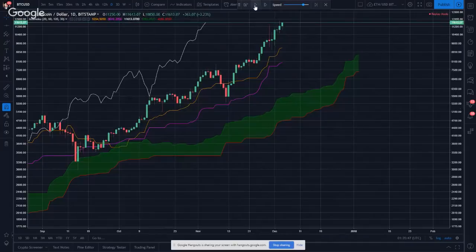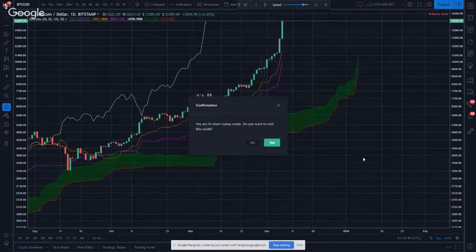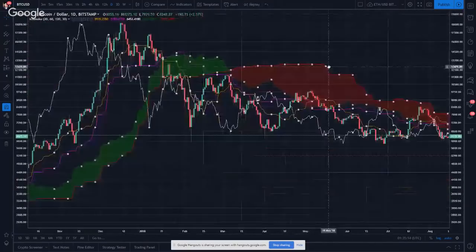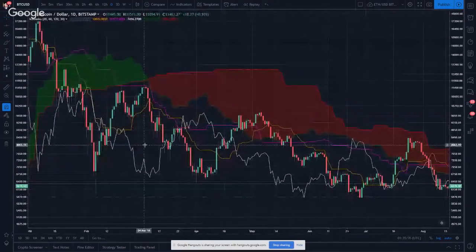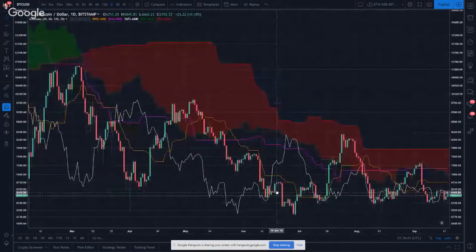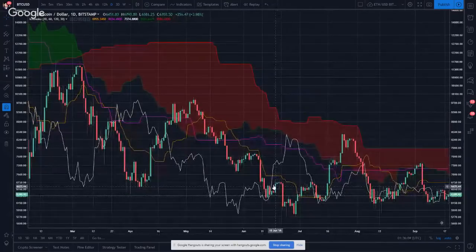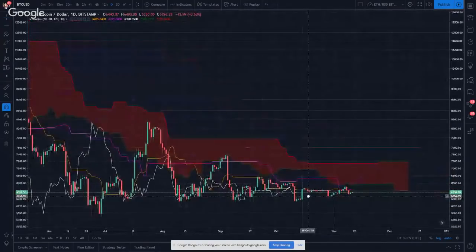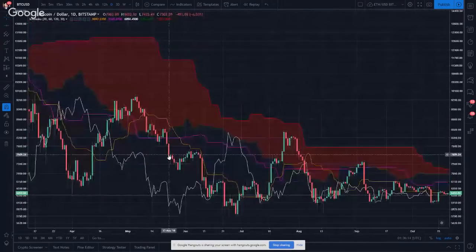Now, in a bear market, the most ideal bearish setup would look something like so. Let me find. Wow, we really haven't even hit a completely ideal setup.